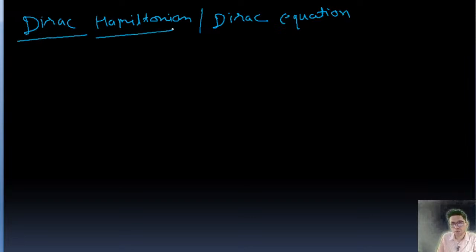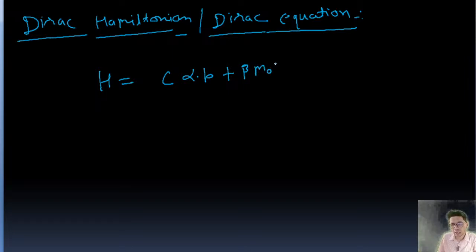Dirac Hamiltonian, or Dirac equation. Okay, guys, so we know the Dirac Hamiltonian is H equal to c alpha dot P plus beta m naught c square.